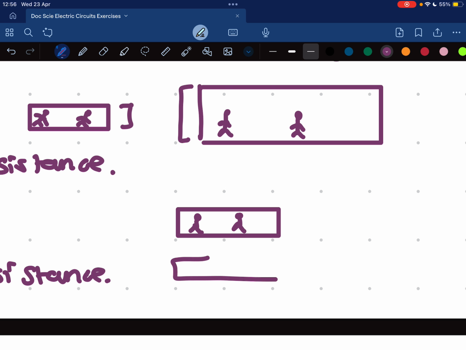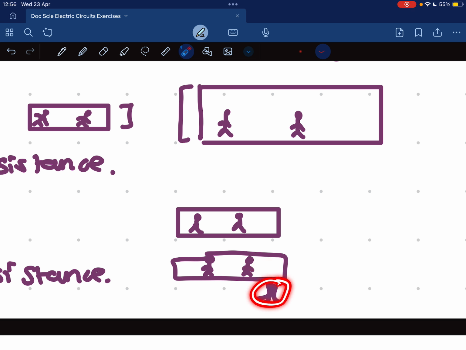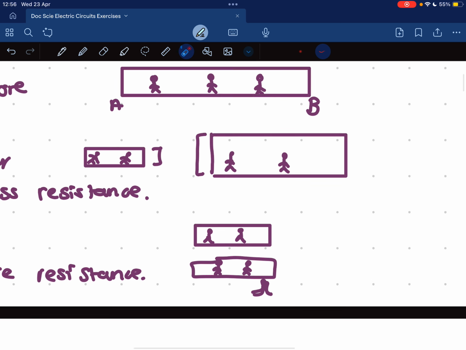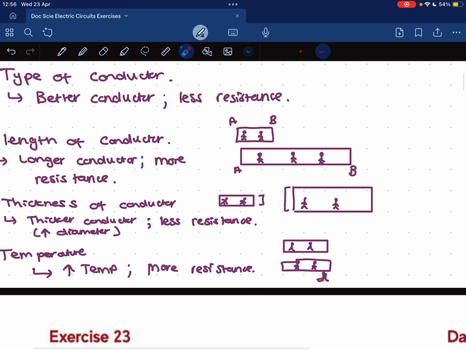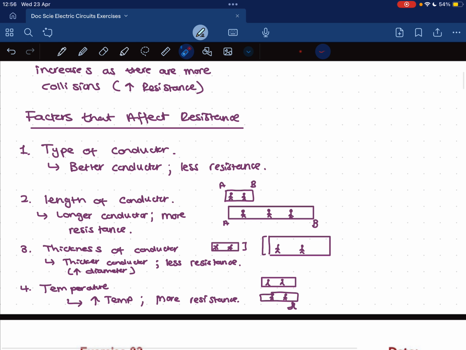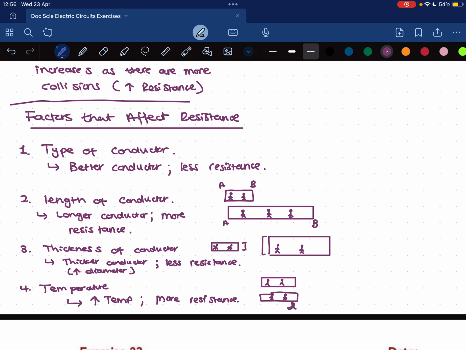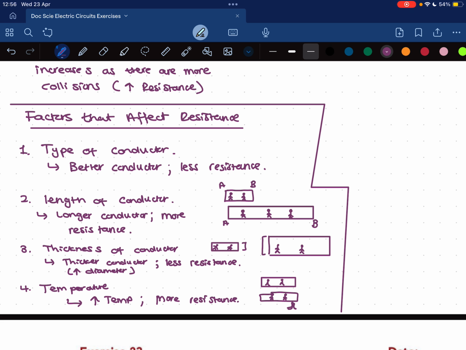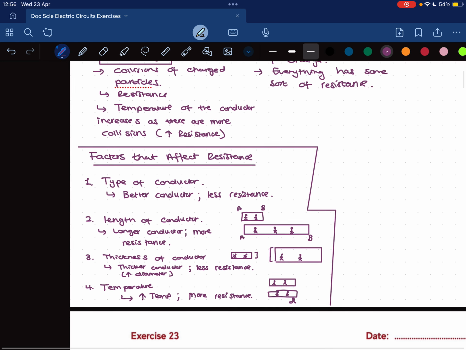And now we imagine a cable that is a lot hotter. So obviously these men are going to be less inclined to want to run across the hot conductor, whereas on the cooler conductor, it is much easier to run. So that's just a way for you to hopefully remember these a bit easier, because it is very important that you learn how these factors are affecting the resistance.